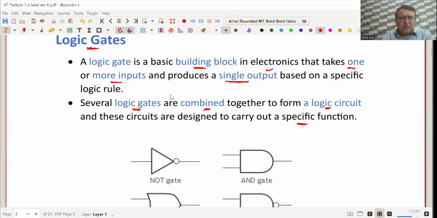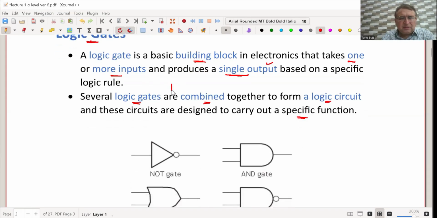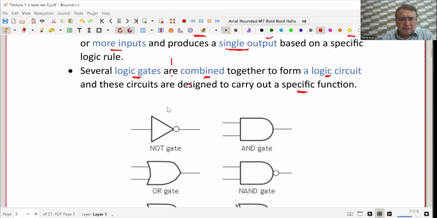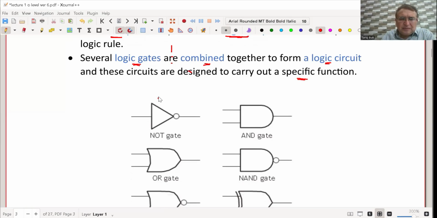The logic gates which are included in your course are these 6 logic gates. Out of these 6 logic gates, the NOT gate is a single input, single output gate. The rest have multiple inputs. Fine.